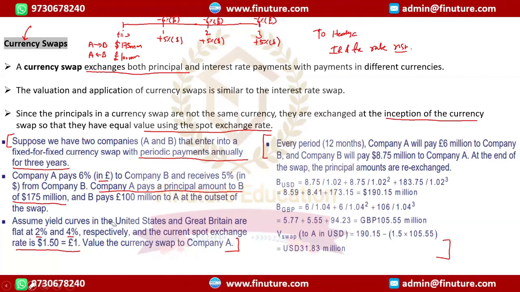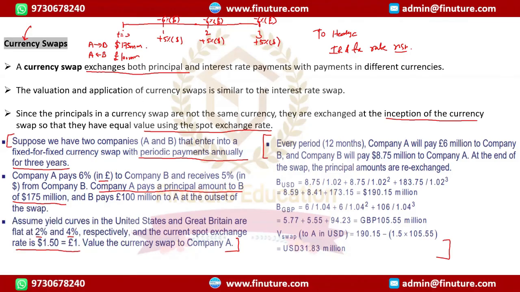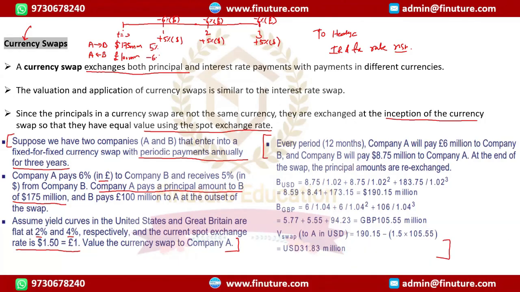We just write coupons beside these amounts. It would be easy for you to relate. Some issue with my mouse today. So on $175 million, they will receive 5%, and A will pay 6% on the 100 million that they have borrowed.